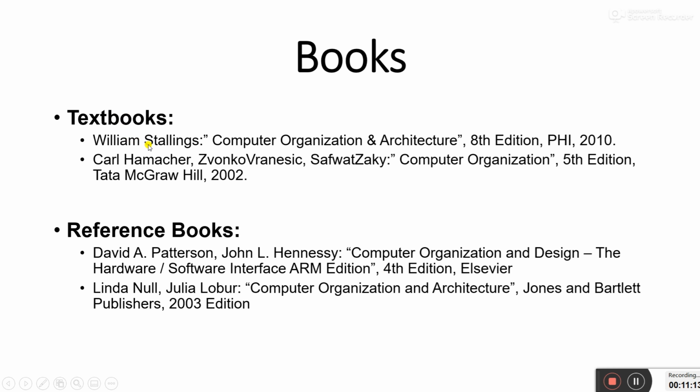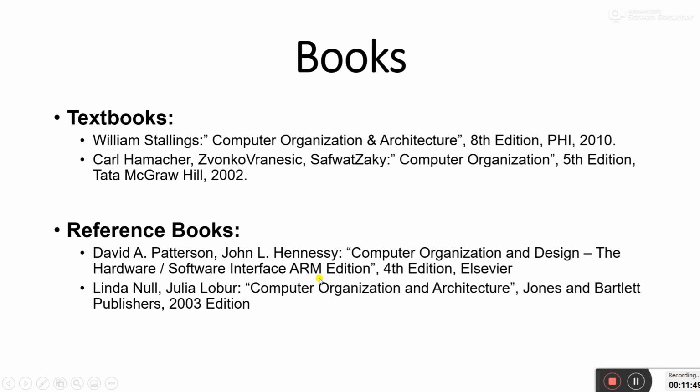For the textbook we will refer to William Stallings' Computer Organization and Architecture. It is your textbook, you can refer to it, and I will also refer to this book for many topics in your syllabus. We will also use Carl Hamacher's Computer Organization. We will take these two books to cover our syllabus, and beyond this we will also cover David A. Patterson and John L. Hennessy's Computer Organization and Design.